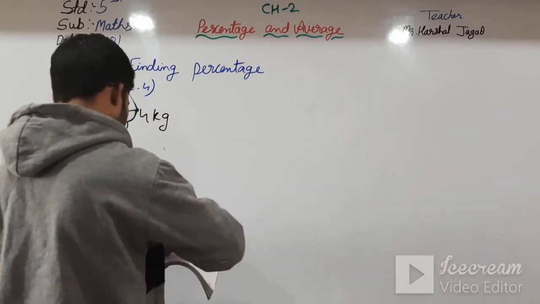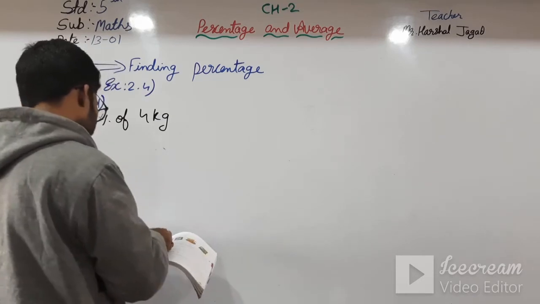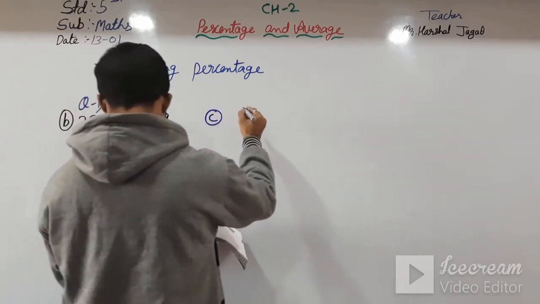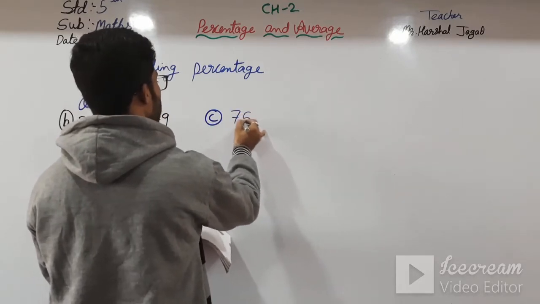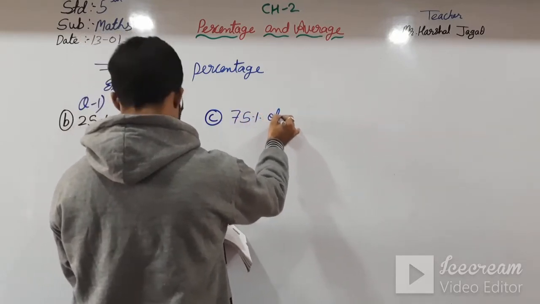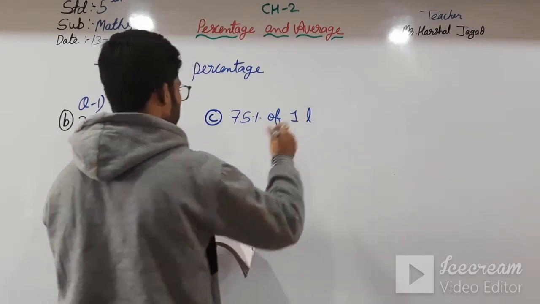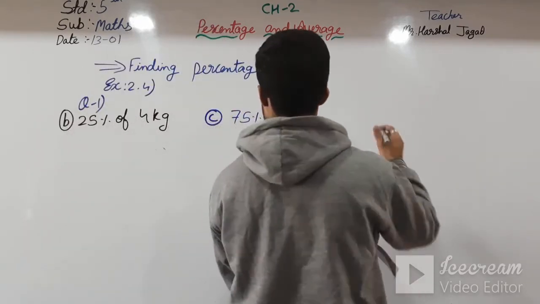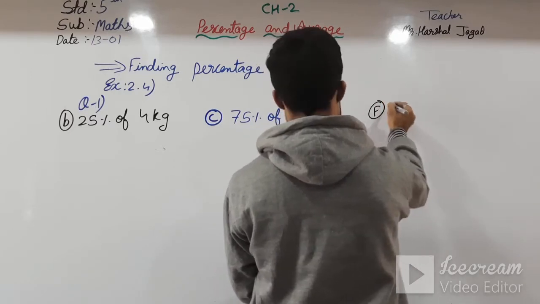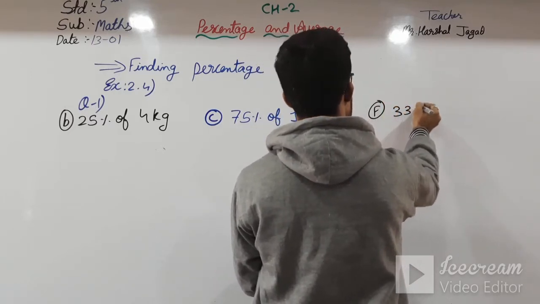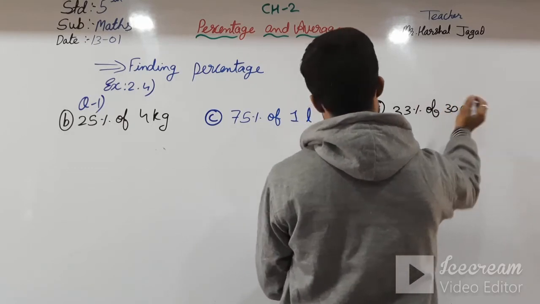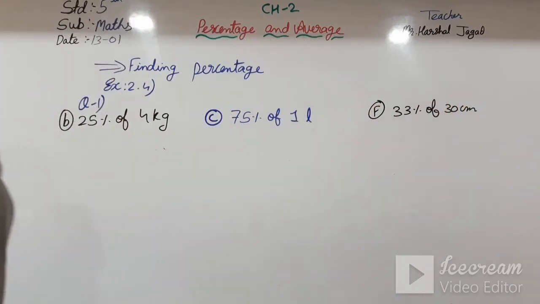Another one we will do is C, that is 75% of 1 liter, and F, that is 33% of 30 centimeter. So all these we have to convert and find out.